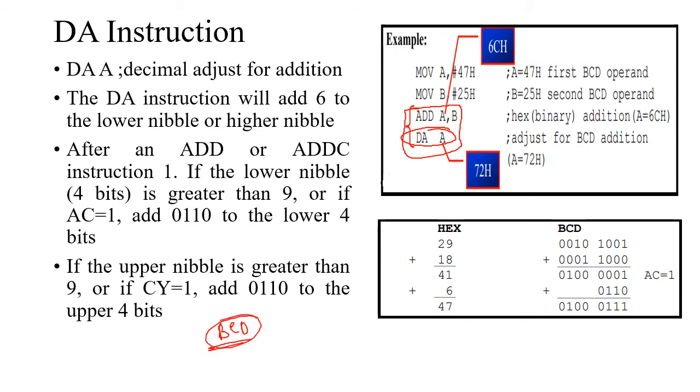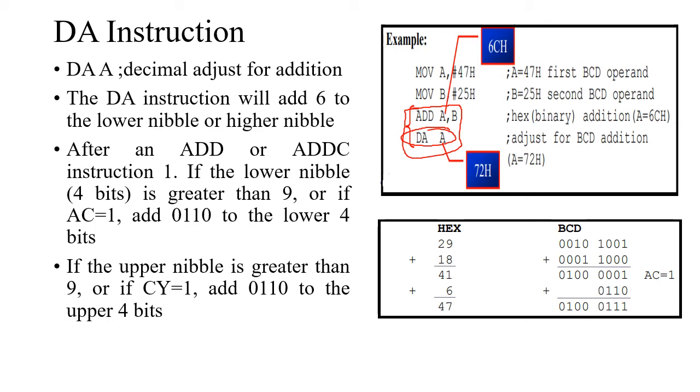Now, what is a BCD number? Binary coded decimal. The digits of BCD numbers range from 0 to 9, unlike hexadecimal, which is 0 to F. In order to understand it better, we will take an example of adding two numbers.